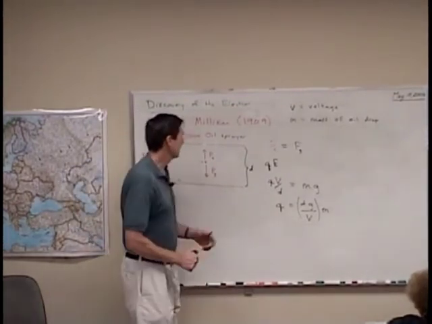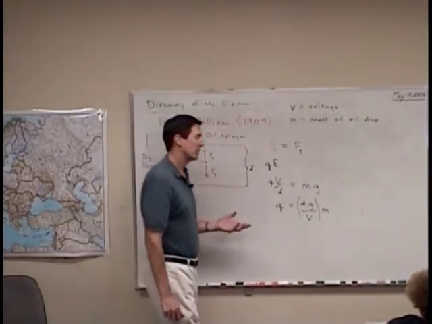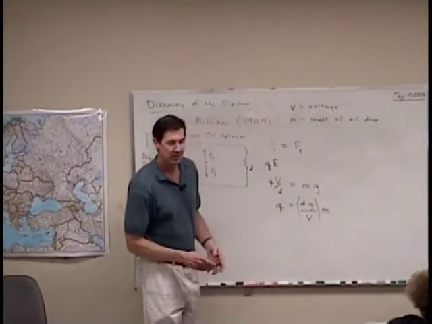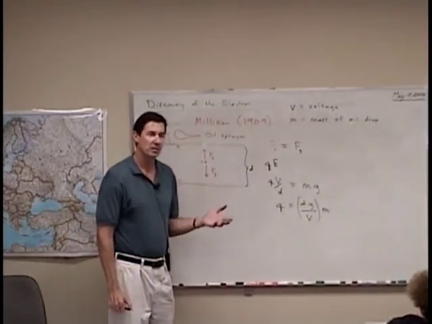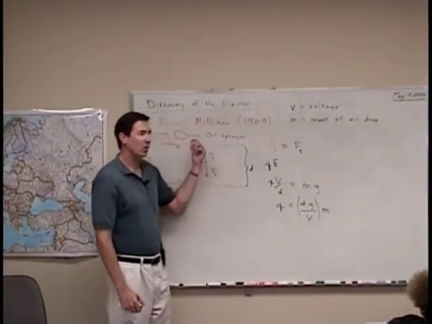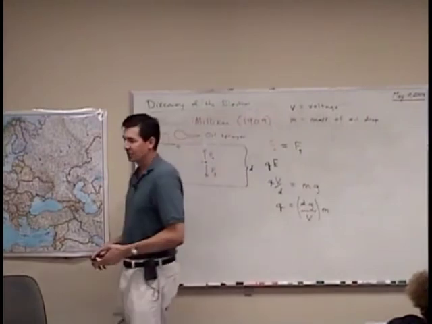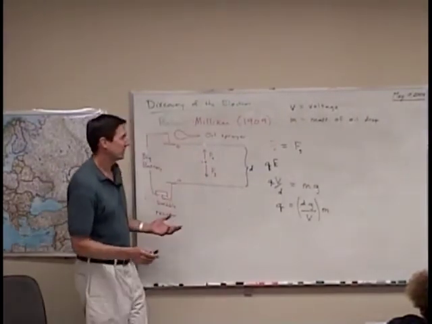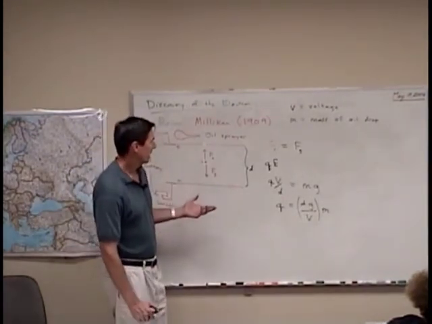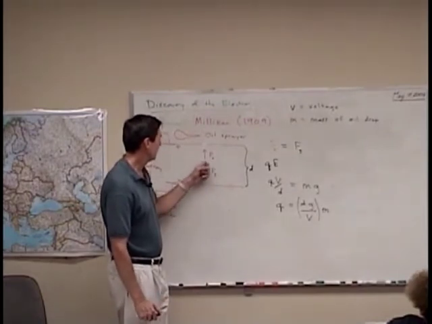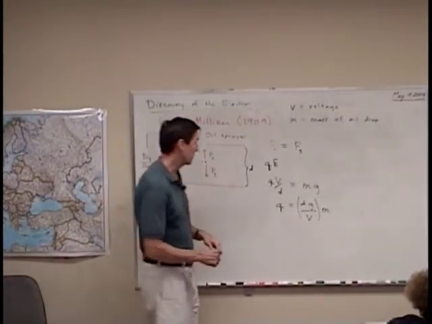Because let's say water has a density of 1 gram per milliliter. Well, let's say this oil that he's using is twice as dense as water. Well, then it's 2 grams per milliliter. So if he knows the volume of this drop and the density, he can compute the mass.